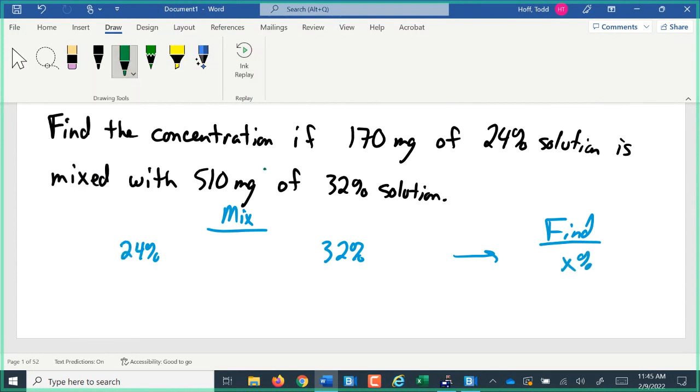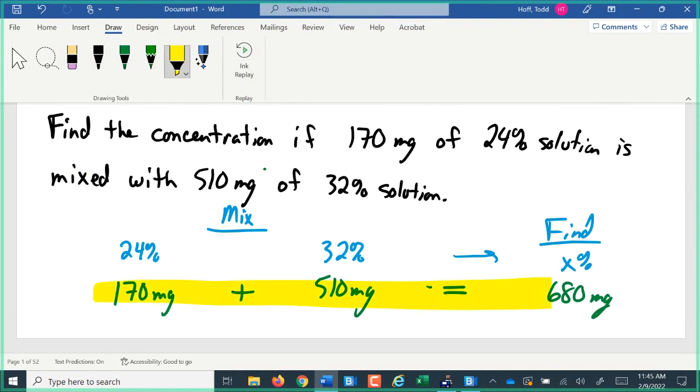But I have 170 milligrams of the 24% solution and 510 milligrams of the 32% solution. The total amount is conserved. So if I add those together, 170 plus 510, there's 680 milligrams of that final solution. That is my first conservation, the total amount.